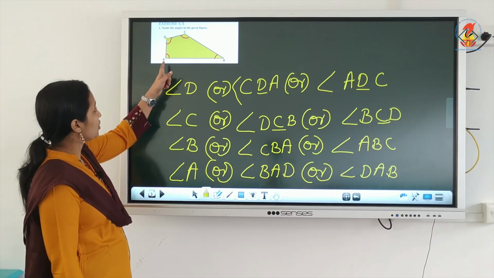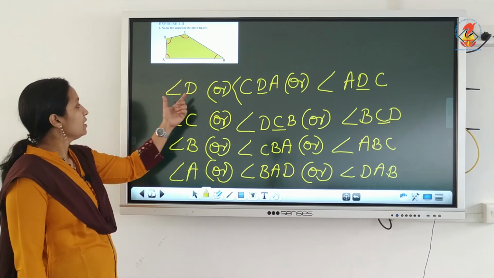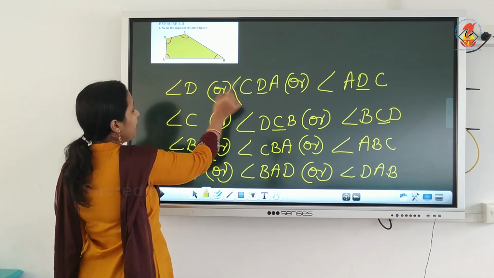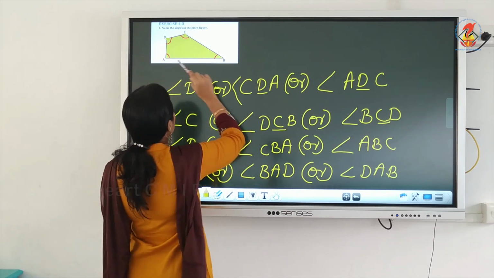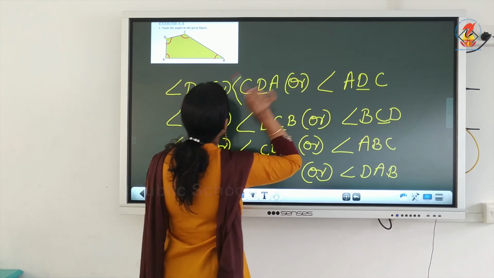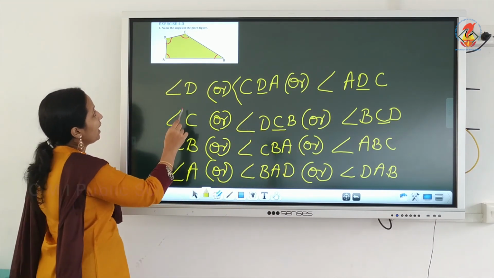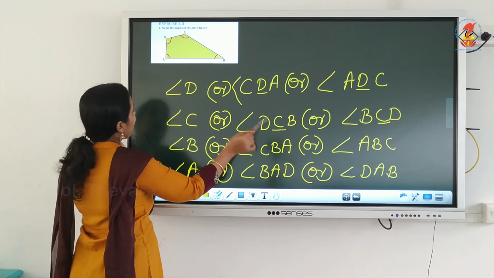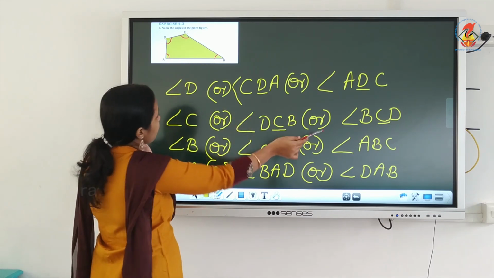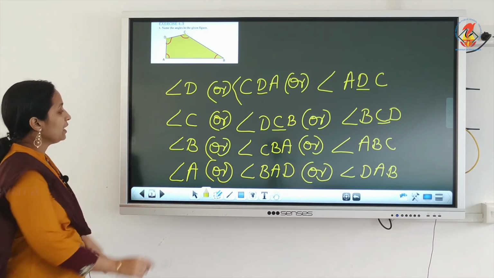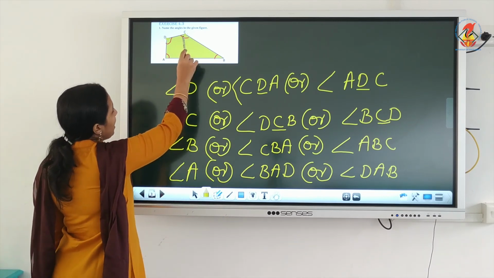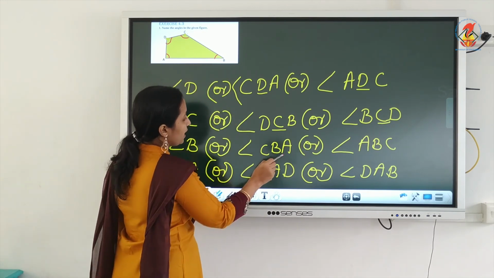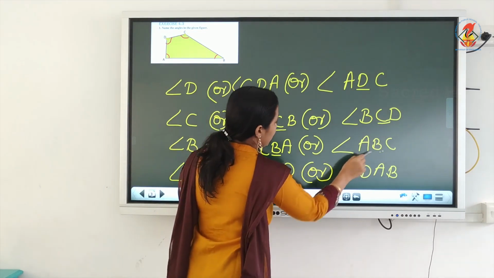For naming each angle, you can name it in different ways. Angle D: one way is this, the other way is CDA representing angle D, or ADC representing angle D. Angle C: either angle C, or angle DCB representing angle C, or BCD representing angle C. The same way, angle B: CBA representing angle B, ABC representing angle B. The vertex letter should be in the middle.